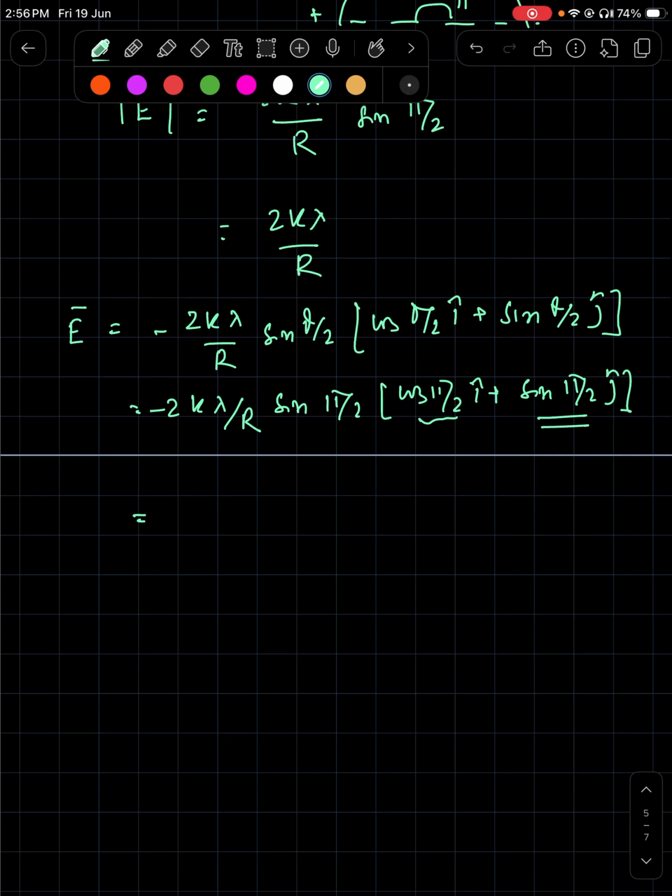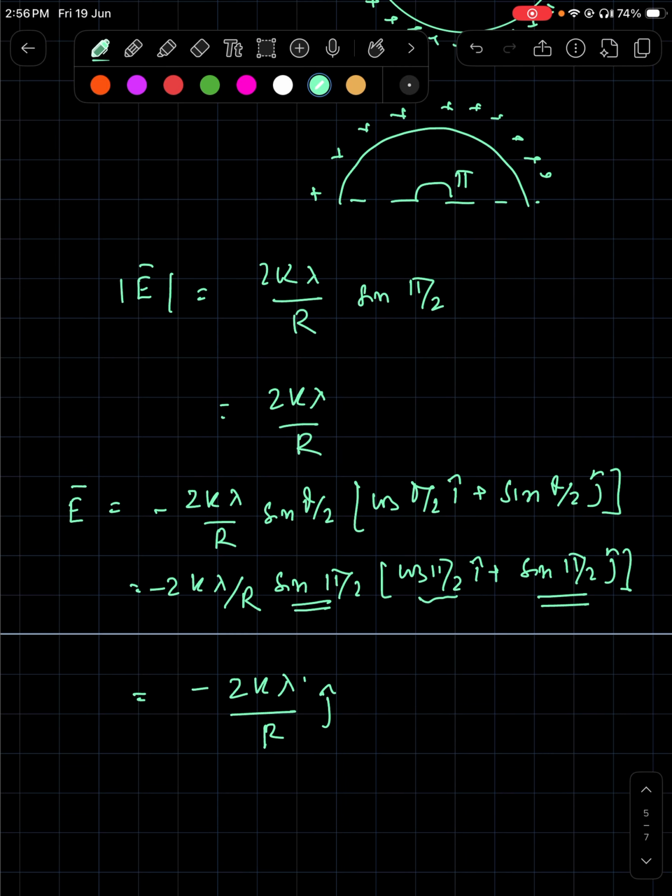Sine pi by 2 is 1. So it becomes minus 2k lambda by r into j cap, so it is pointing vertically downward. So for the semicircular arc, the resultant electric field is vertically downward.